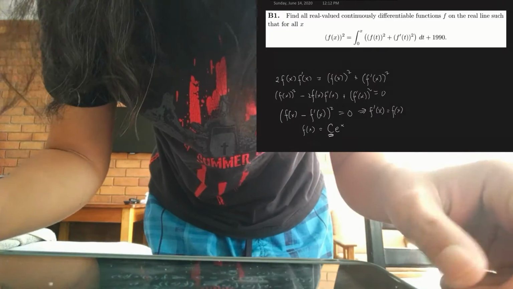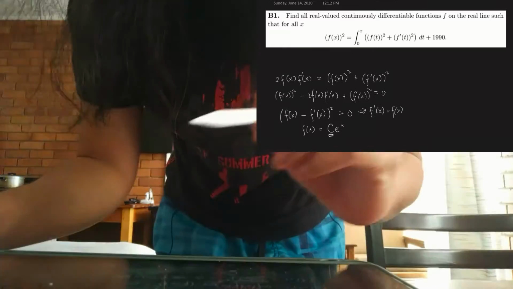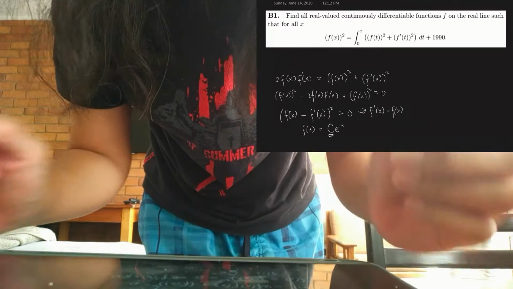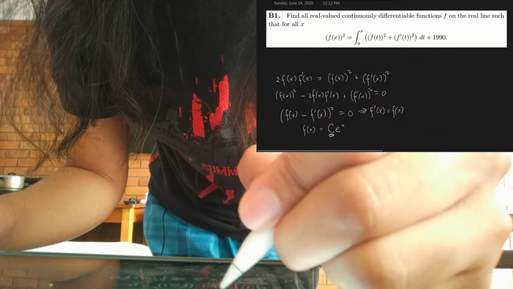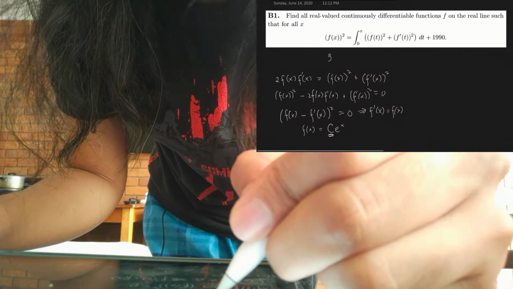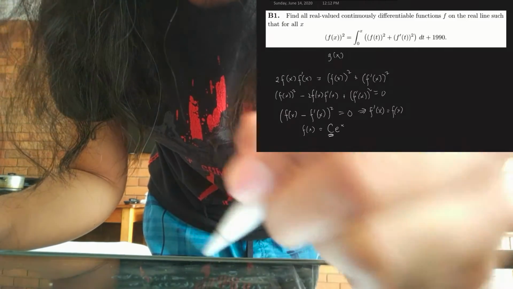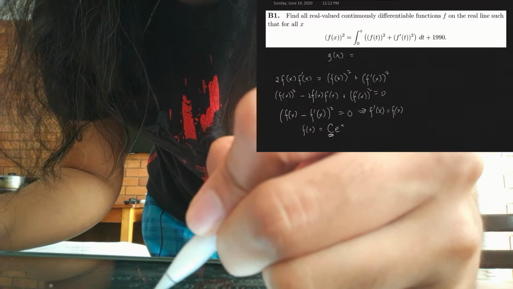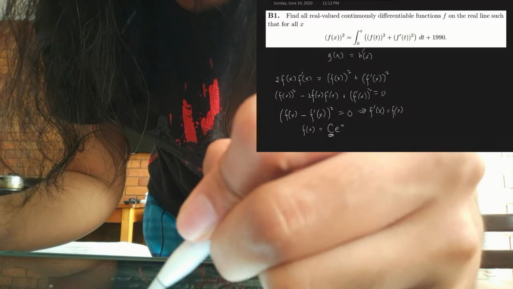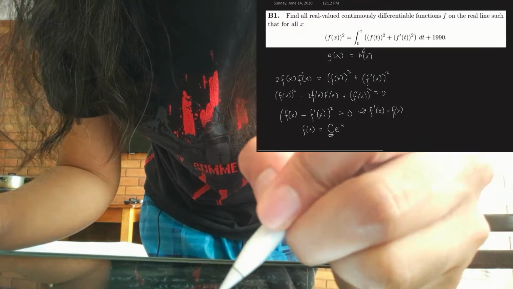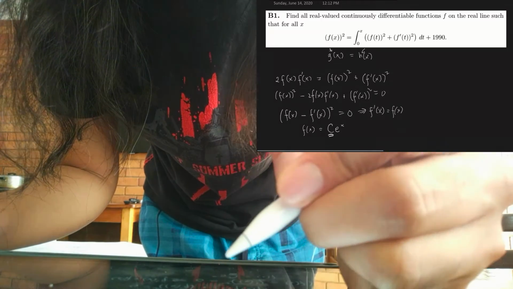So what is that condition? Note that our initial attack was to set the derivatives equal. For example, call the function on the left hand side g of x, and the function on the right hand side h of x.